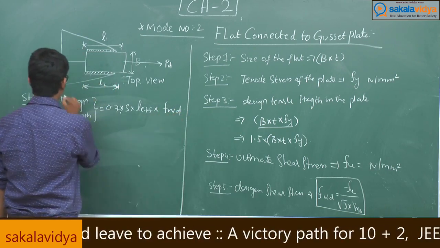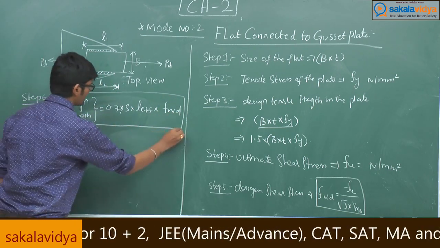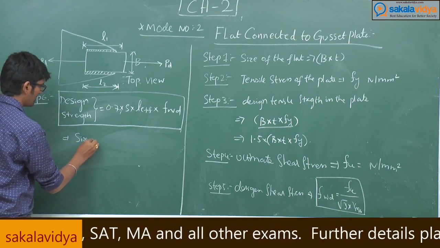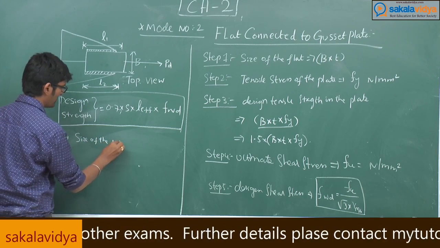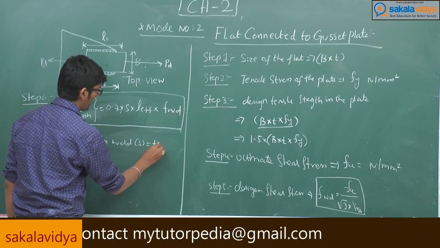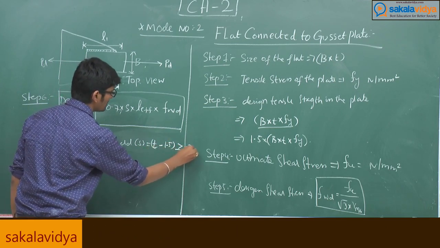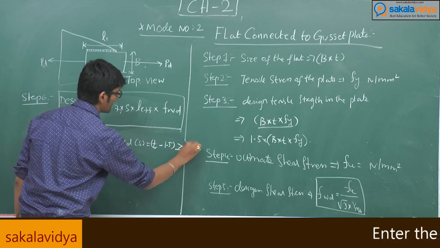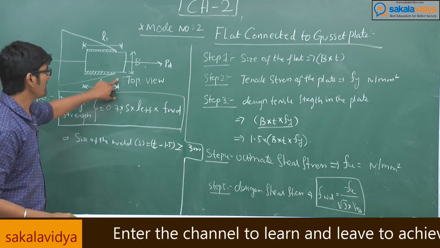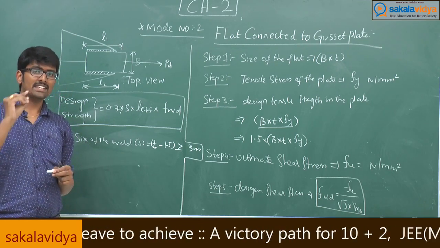But in this particular case, we don't know the size of the weld. So directly we can write size of the weld S is equal to thickness of the flat minus 1.5. It must be greater than or equal to 3 mm. So we can find the size of the weld directly by subtracting 1.5 from the thickness of the flat.